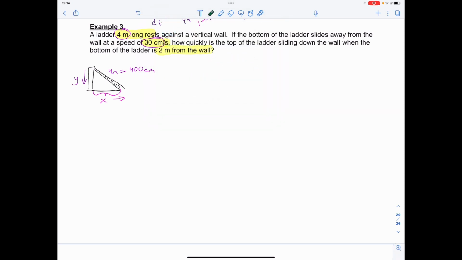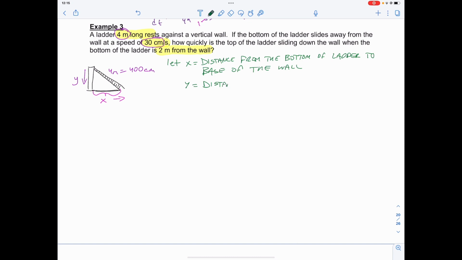I'm going to define my variables, and I'm going to let x equal the distance from the bottom of the ladder to the base of the wall, and I'm going to let y represent the distance from the top of the ladder to the base of the wall.